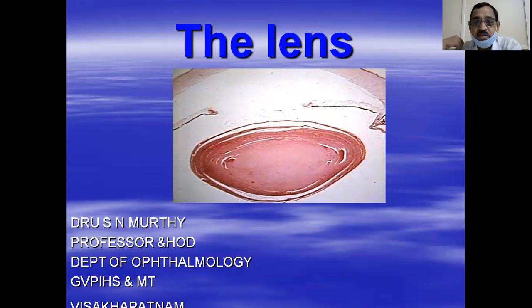Okay, I think my colleagues have already taken you through the topics conjunctiva, cornea, sclera, and also the uvea. In the conjunctiva, the most commonly asked questions are ophthalmia neonatorum, subconjunctival hemorrhage, and pterygium.